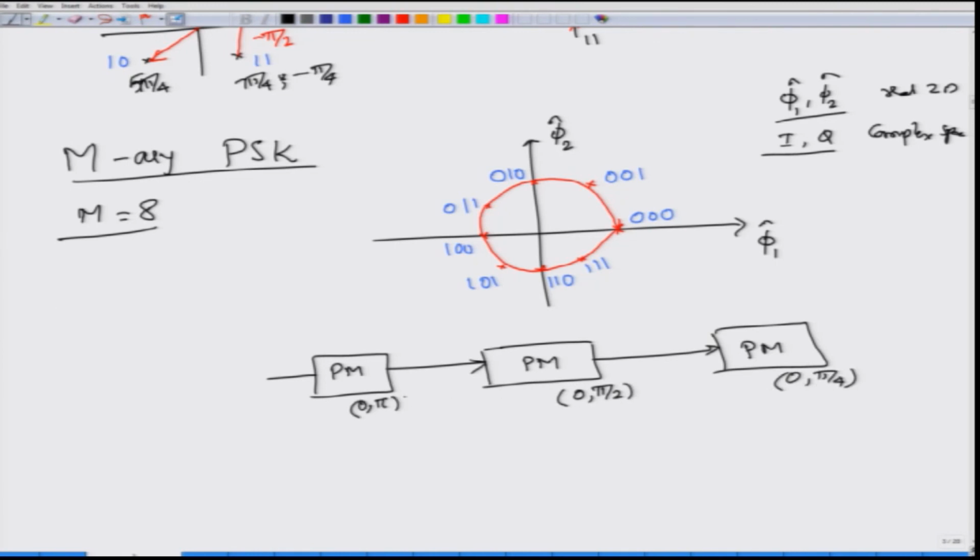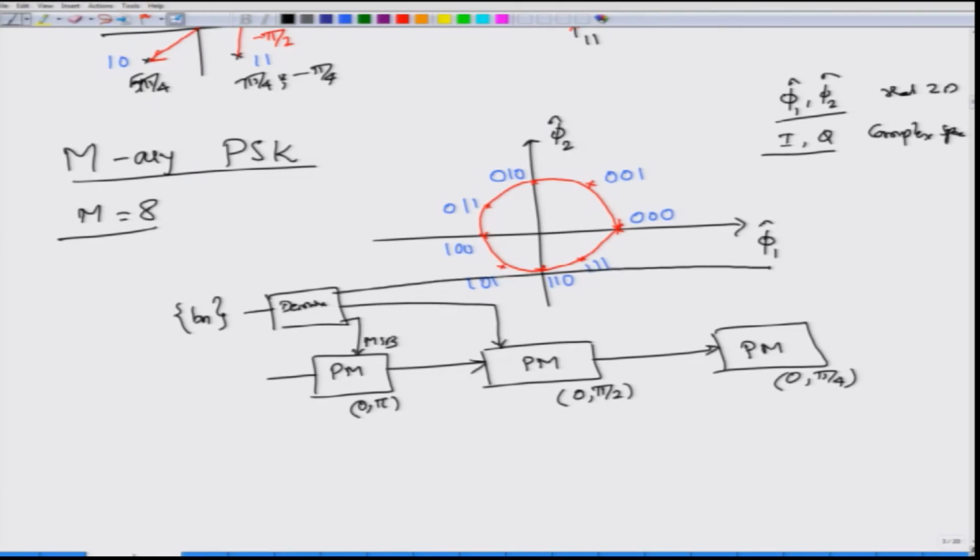So, if you use a bit sequence and put a demultiplexer over here, and then send the MSB to the first phase modulator, the middle bit to this one and the LSB to the last phase modulator, you can see that the total phase that you will obtain will be a linear combination of all these 3, and it will then implement this one. Thank you.